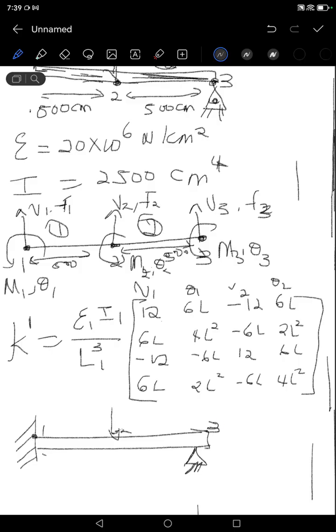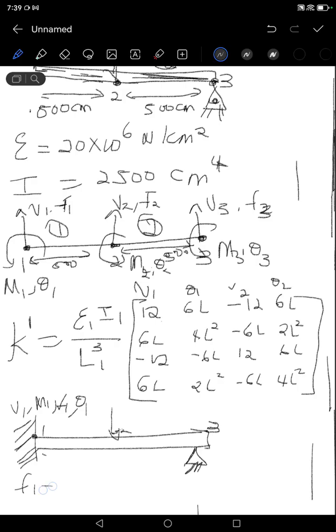So here we're going to have the V1 and M1, F1, and theta 1. Same as 2, we're going to have V2, M2, F2, theta 2, same as 3. So since node 1 is fixed, this is a boundary condition. We check boundary condition from the diagram.